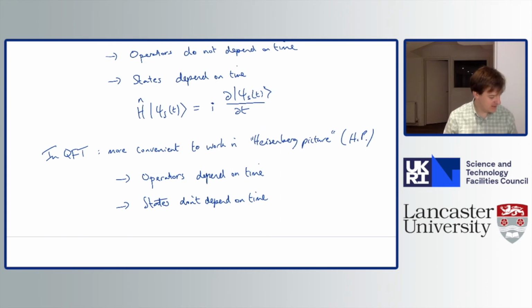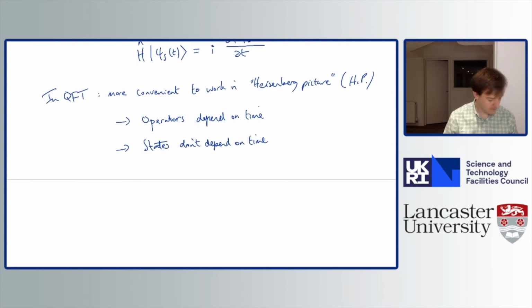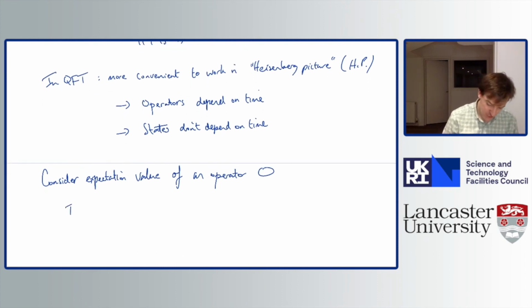Okay, so let me remind you how to write down expectation values. We want to consider some operator, which I'll call the operator O. Okay, so what happens in the Schrödinger picture?